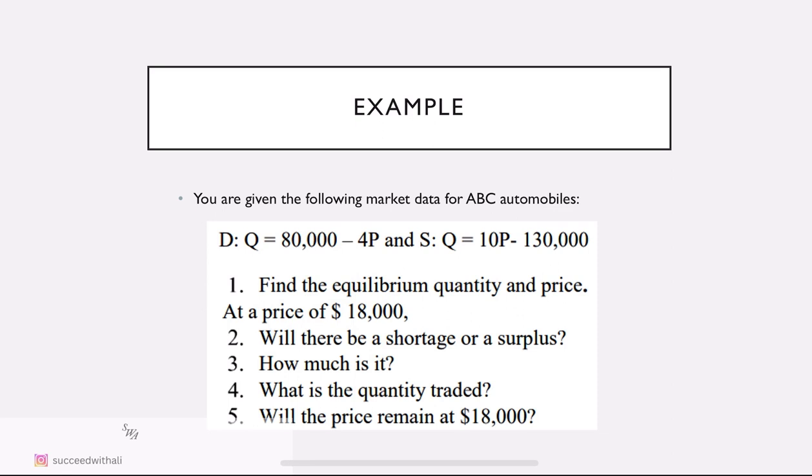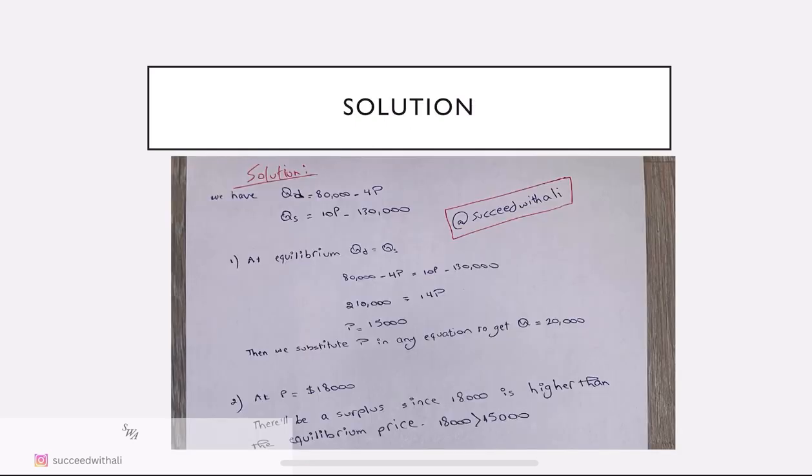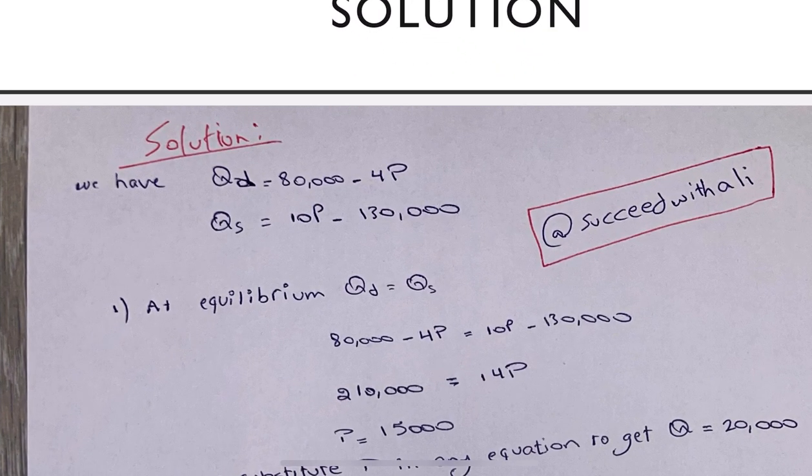So, to find the equilibrium quantity and price, we have learned that at equilibrium, the quantity demanded is equal to the quantity supplied. QD is 80,000 - 4P, and QS is 10P - 130,000.